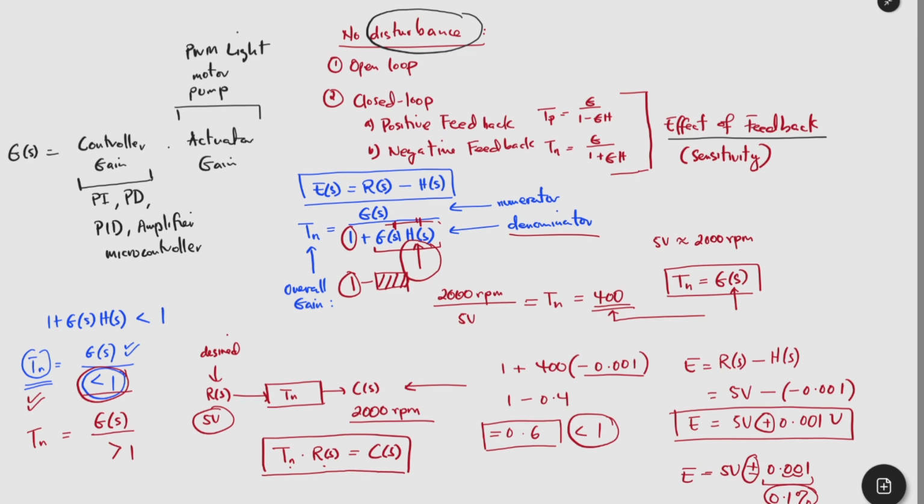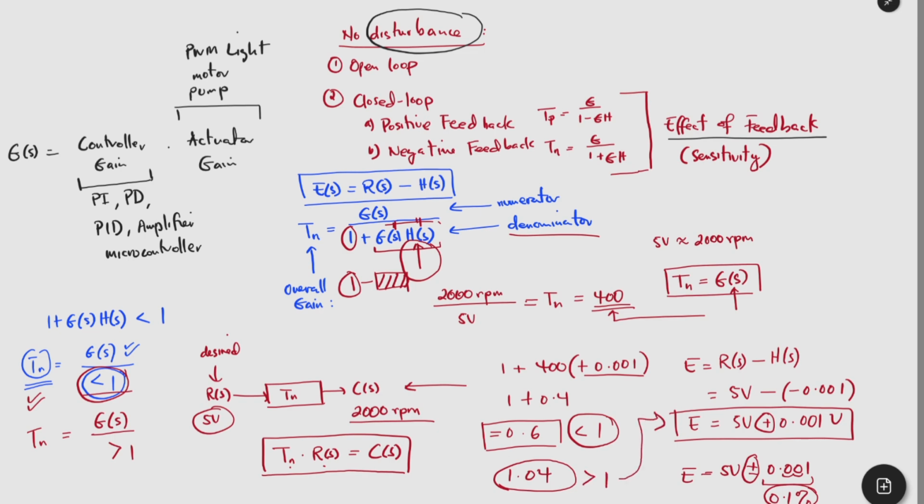In that case, if we have a positive value of H of s, which is the output of the feedback, we now can have 400 times 0.001. So this will become positive, so we can have 1.04. And now we know that 1.04 is greater than 1.